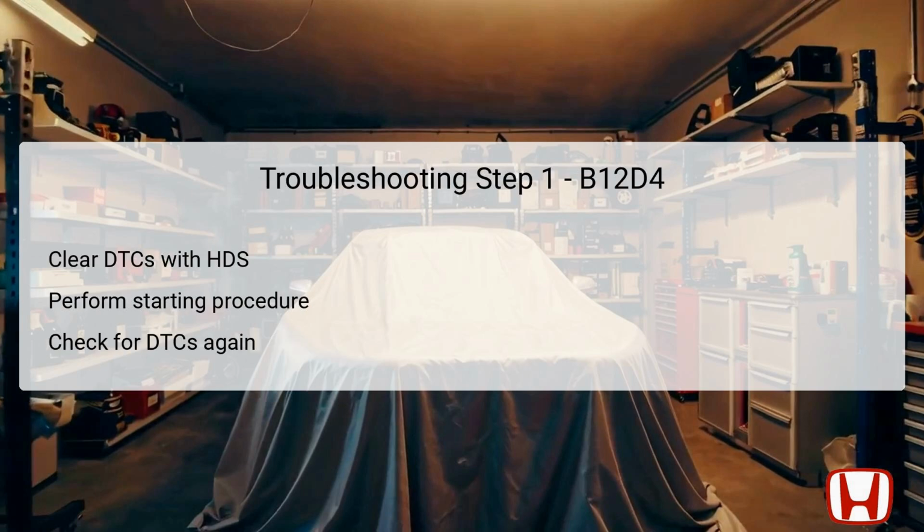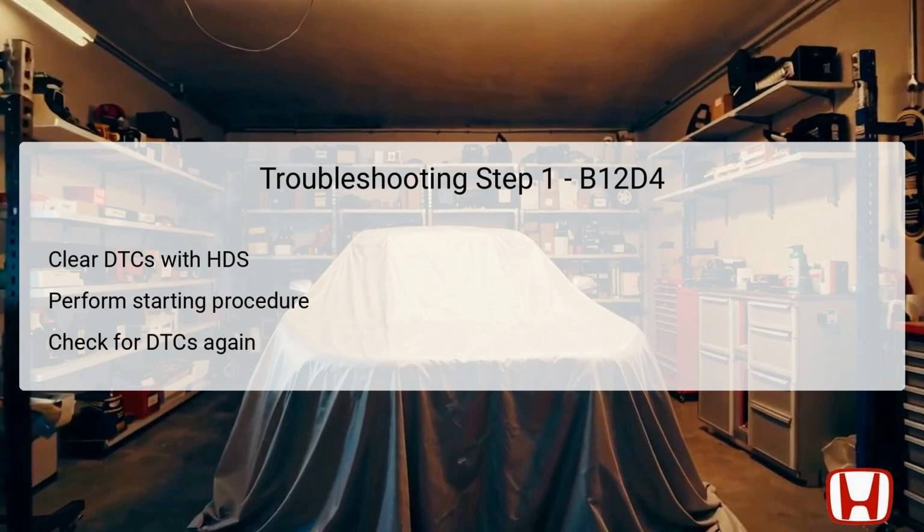In the first troubleshooting step for DTC B12D4, you begin by clearing the diagnostic trouble codes using the HDS, which stands for Honda Diagnostic System. This tool is essential for resetting the vehicle's error notifications and allowing for a fresh evaluation of its current state. Following the clearing process, perform the engine starting procedure 5 times consecutively. This repeated attempt serves to recreate any conditions under which the error might arise.